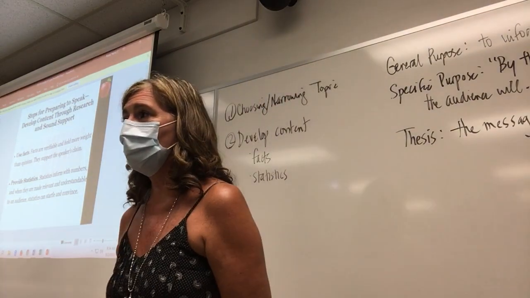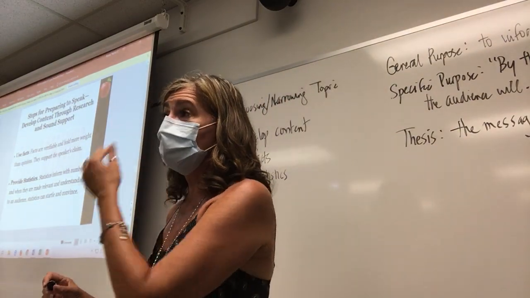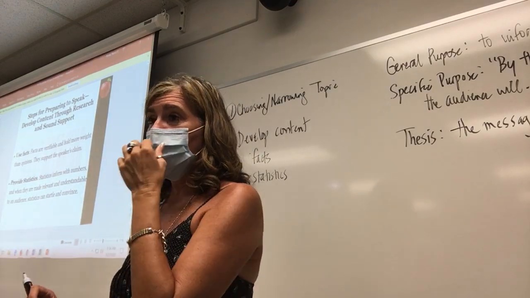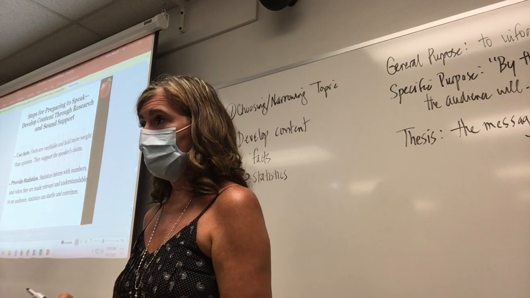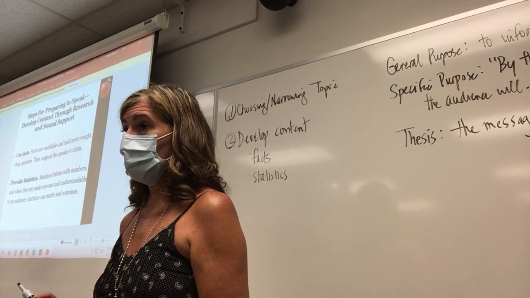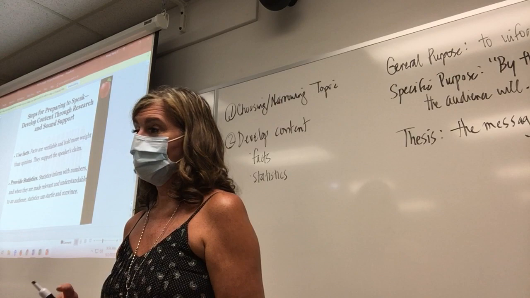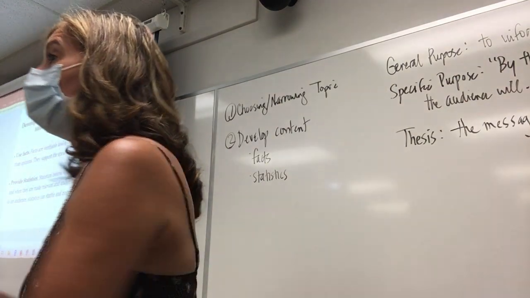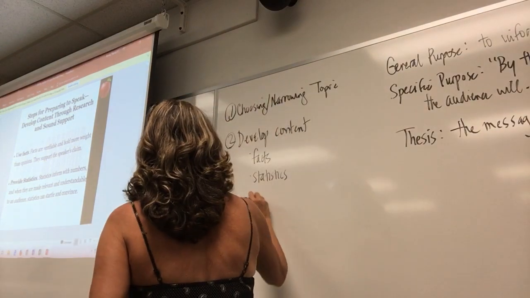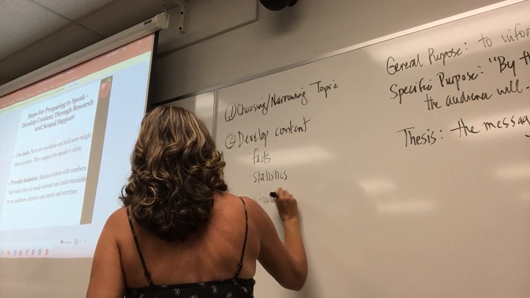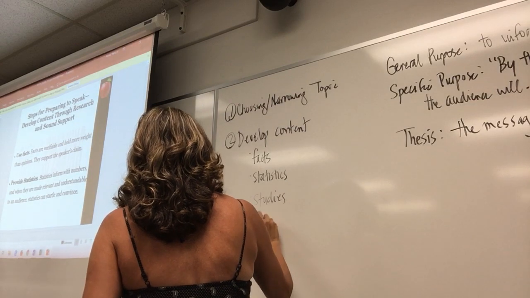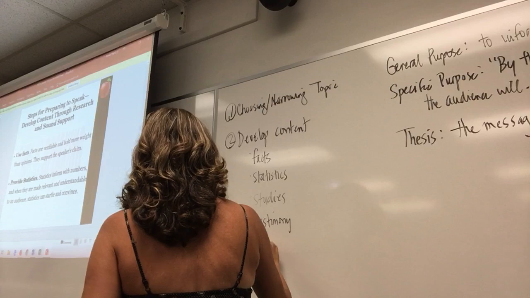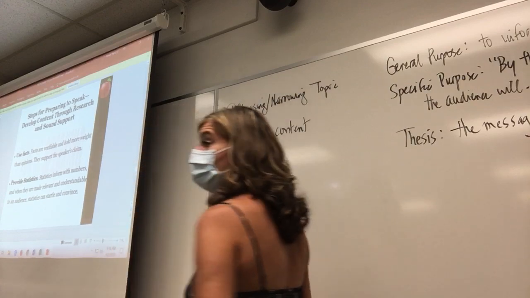What else might you use to back up what you're saying? Not necessarily in the process speech, because that's you. But when you do research speeches, what kind of stuff can you look for? If there have been studies on what you're writing about, you could reference studies. Absolutely. Studies, expert testimony, which kind of goes with expert opinion.